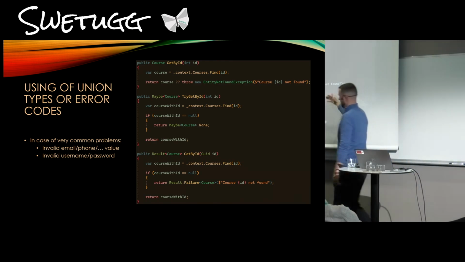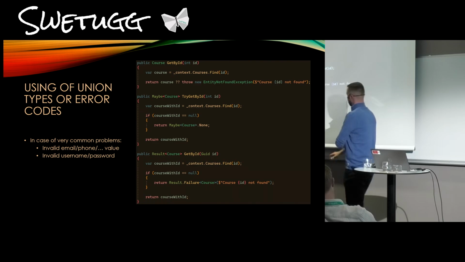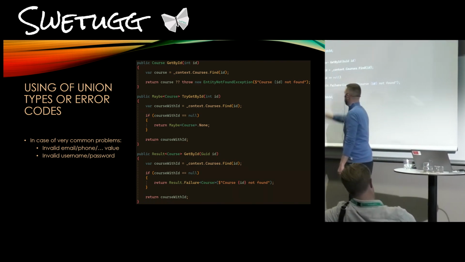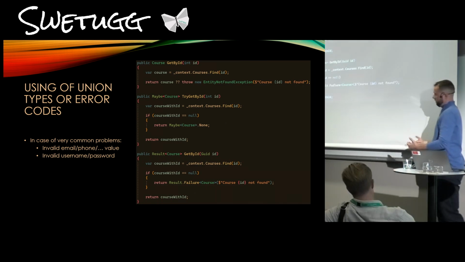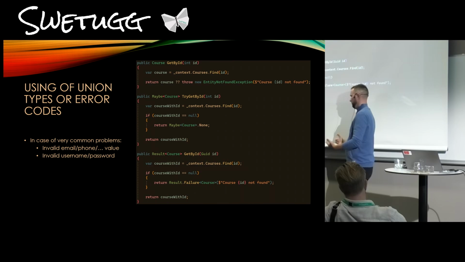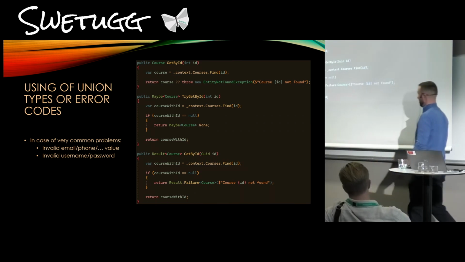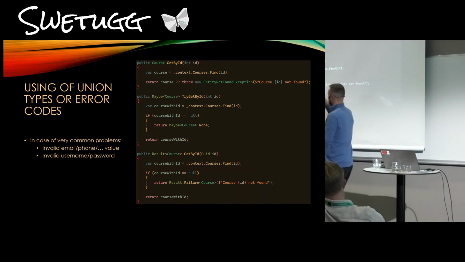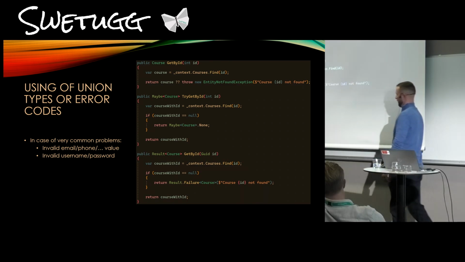Or the other possibility is the Result class. It's a generic one. The first generic parameter is the happy path return type, I would say, and the next one is the sad path return type. If you don't specify it, it's a string.